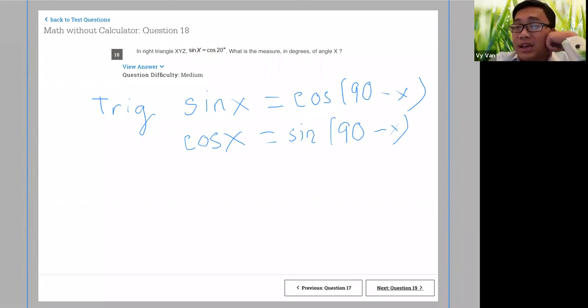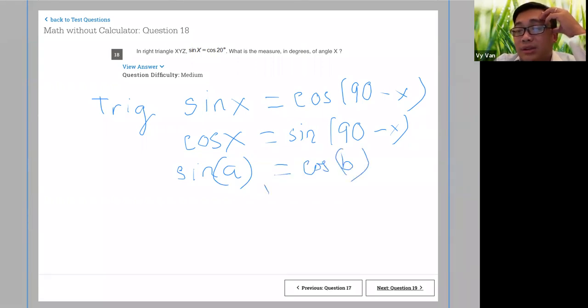And the next formula or identity is exactly the same, but just written in a different way. If you have sine of A equals cosine of B, we know that A and B have to be complementary, so they add up to 90 degrees.